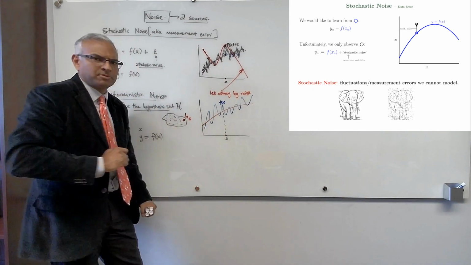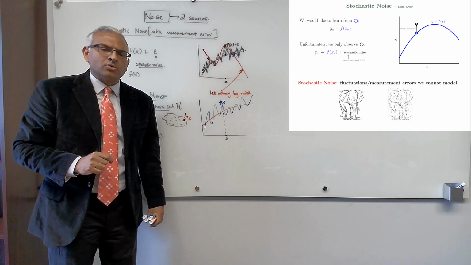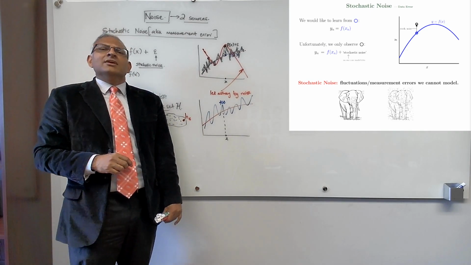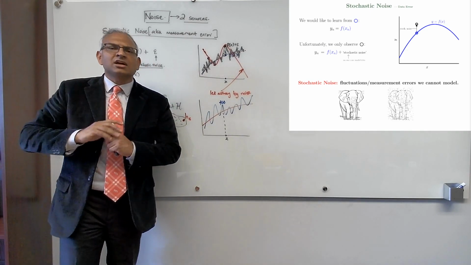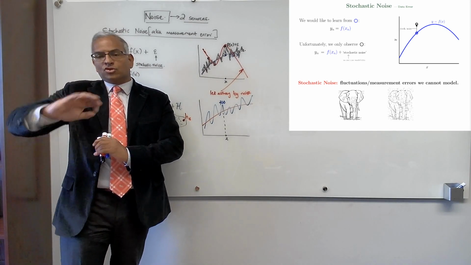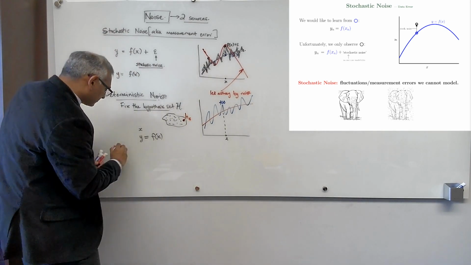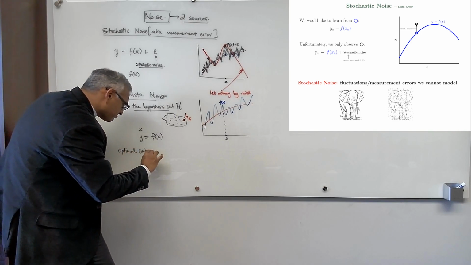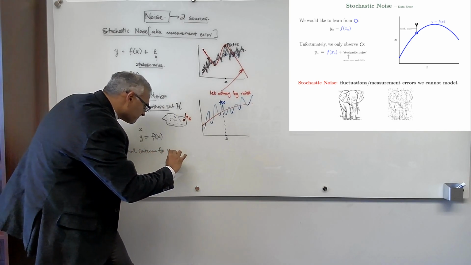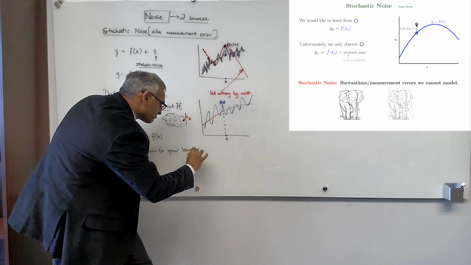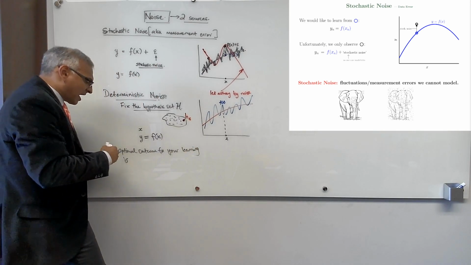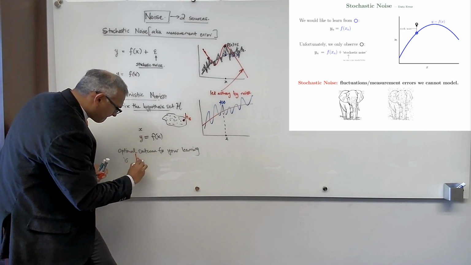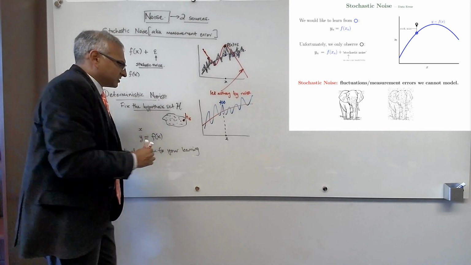It is just the best hypothesis in your hypothesis set. So you would have accomplished the best you can accomplish. So the optimal outcome for your learning is H star. You cannot do any better because that's the best.